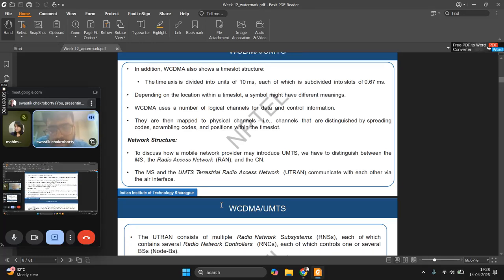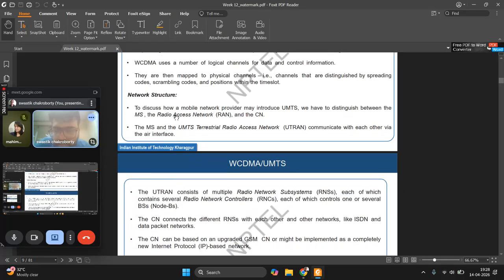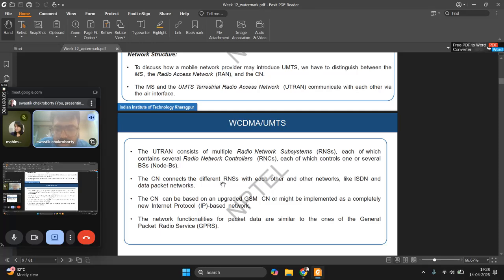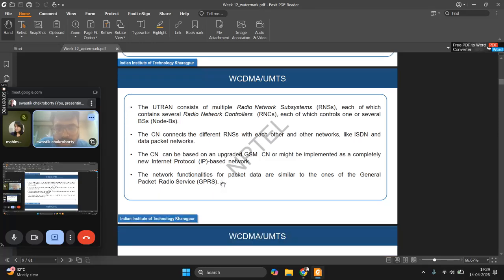To discuss how a mobile network may introduce UMTS, we have to distinguish between the MS, the RAN and the core network. The MS and the UTRAN communicate with each other via the air interface. The UTRAN consists of multiple radio network subsystems, each of which contains radio network controllers.